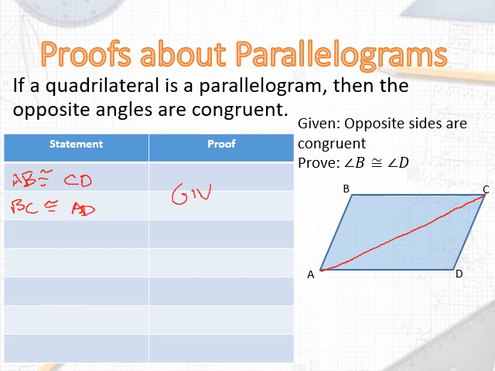And those are my givens. So in my diagram, don't forget to mark it in. Next question would be, well, what can you say about the diagonal? So the line AC. It is going to be congruent to itself, and that is reflexive.